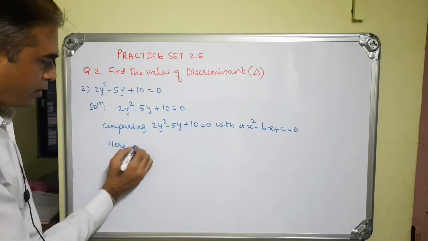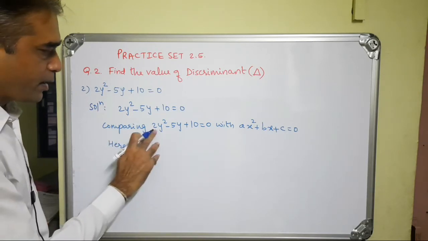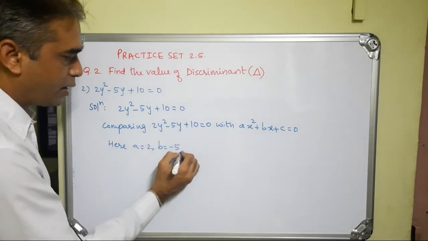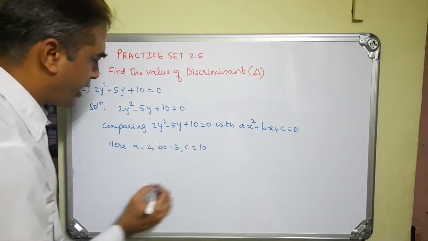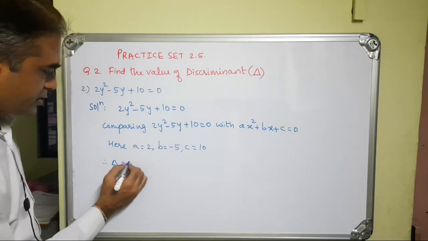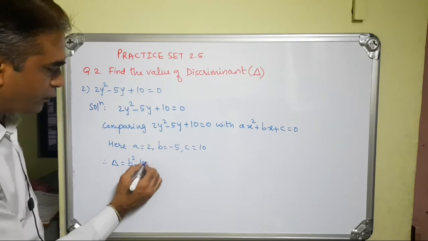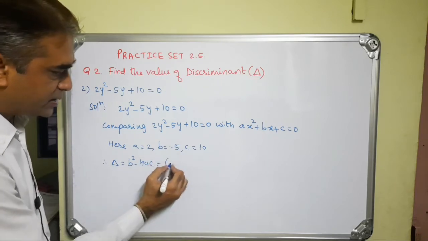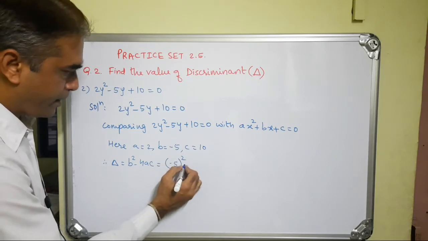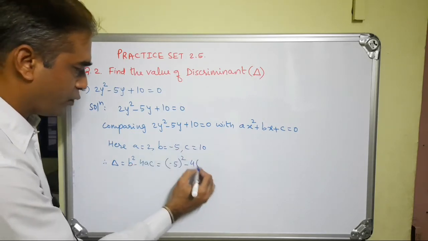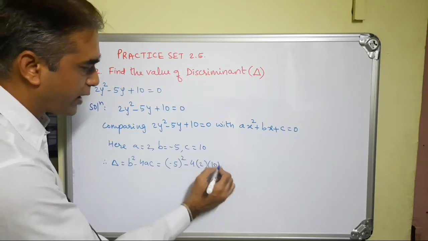Here a equals 2, b is negative 5 and c equals 10. Now therefore delta, that is b square minus 4ac, is equal to b square, means negative 5 square, minus 4 into a into c, 4 into 2 into 10.